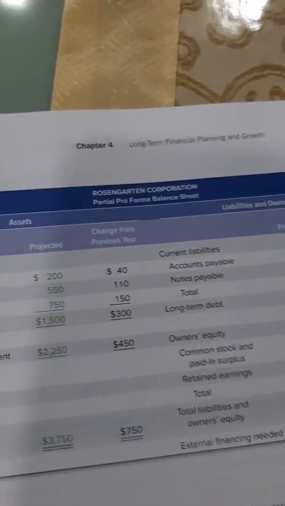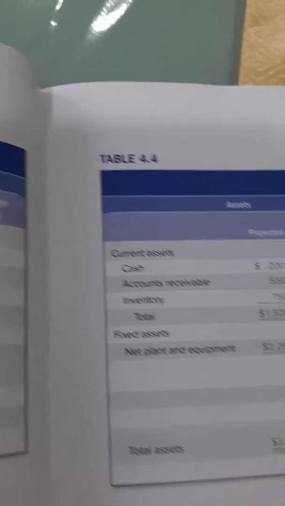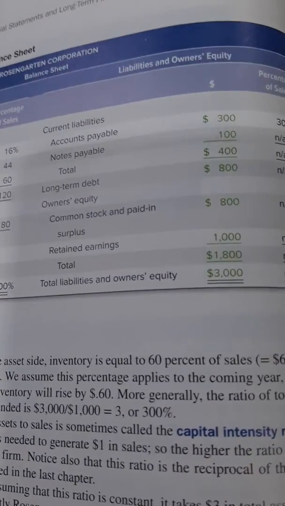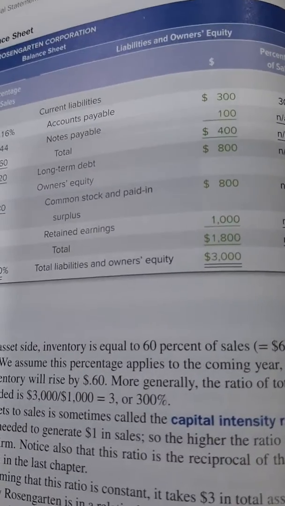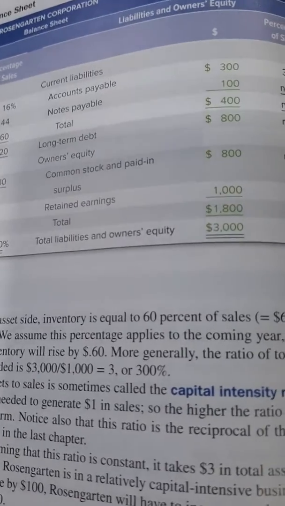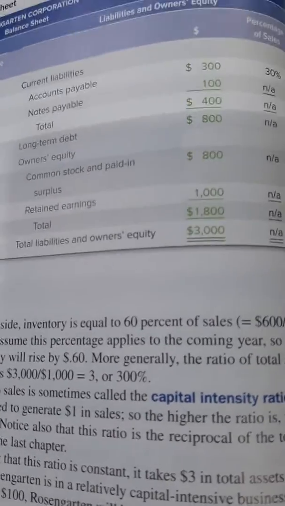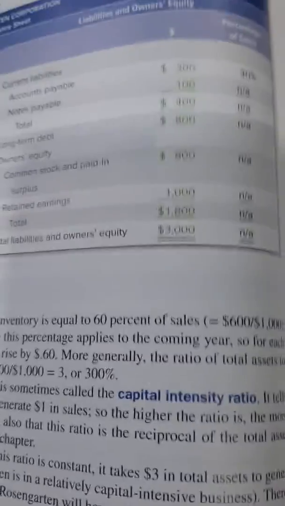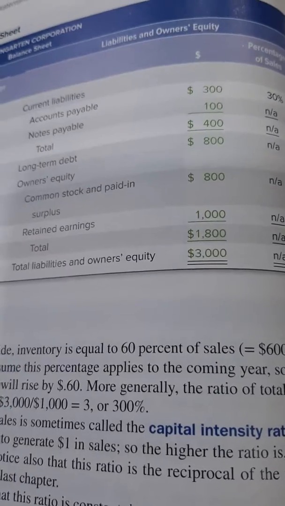Okay, let's take a look at the liabilities and owners equity side. Liability side pula here. This is the liability side. The liability side here, as I mentioned just now, not all items on the liability side will increase accordingly. Okay, here if you look at accounts payable, the original accounts payable here is 300.